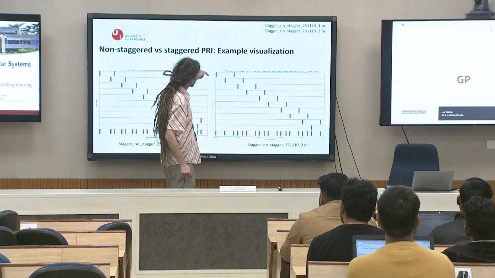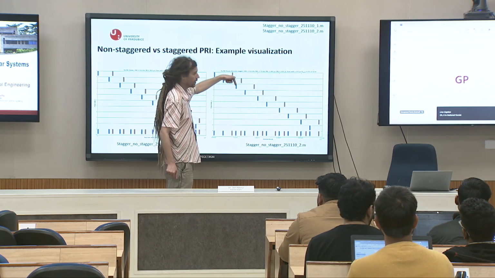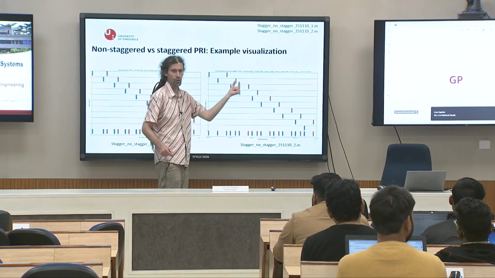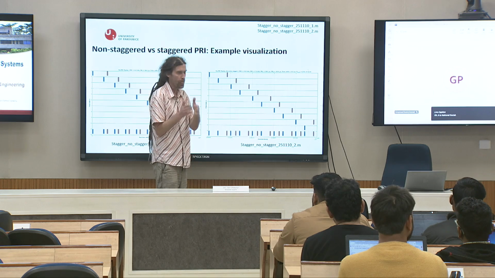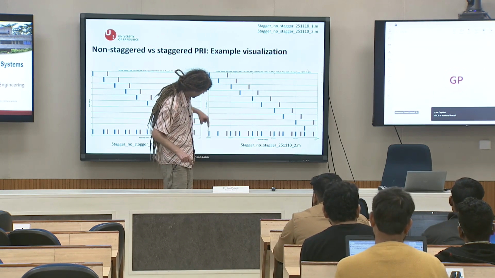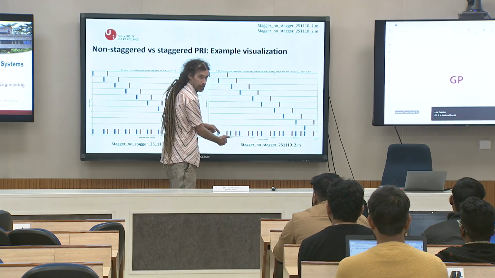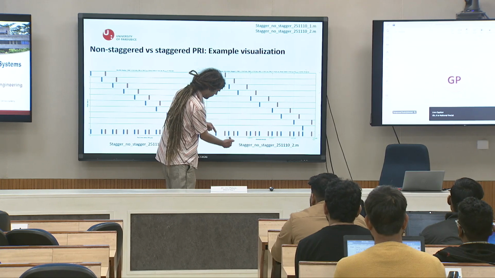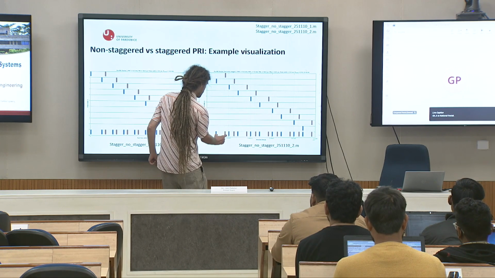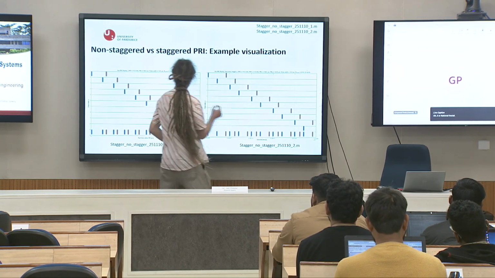Second is staggered: 1 millisecond, 1.2 milliseconds, 1 millisecond, 1.2, 1 millisecond. You can't recognize it, of course, because it is very similar values. And you will receive this one. Check: first answer, second another answer. And now you can see that this size and this size are always different. There it was constant.